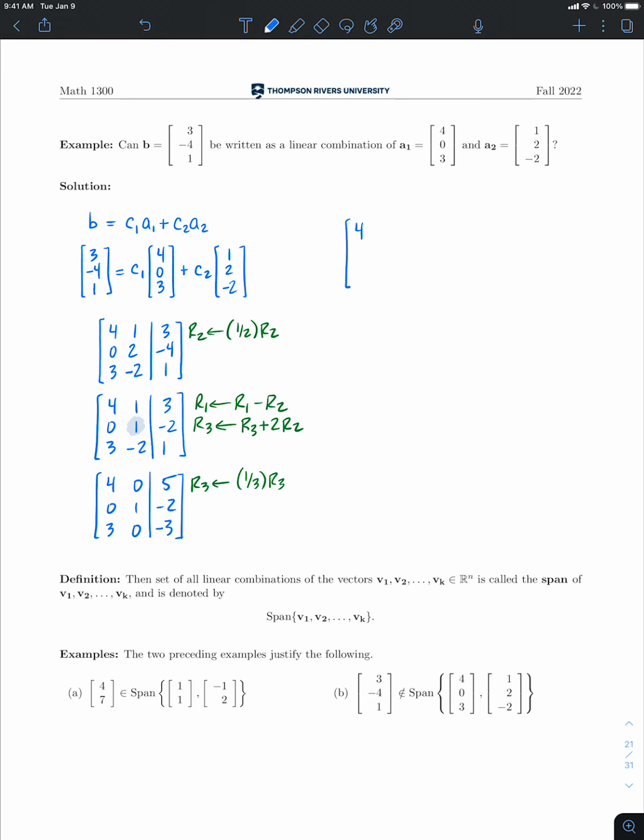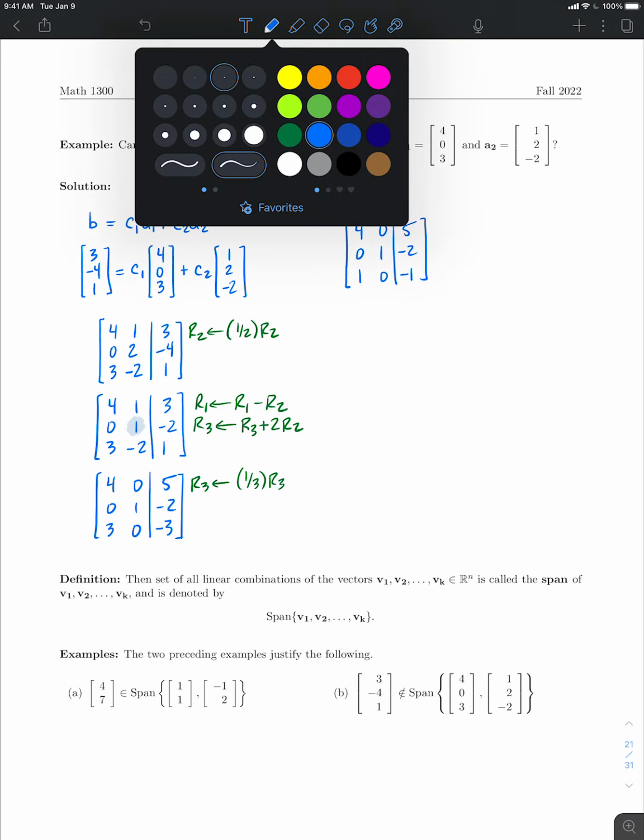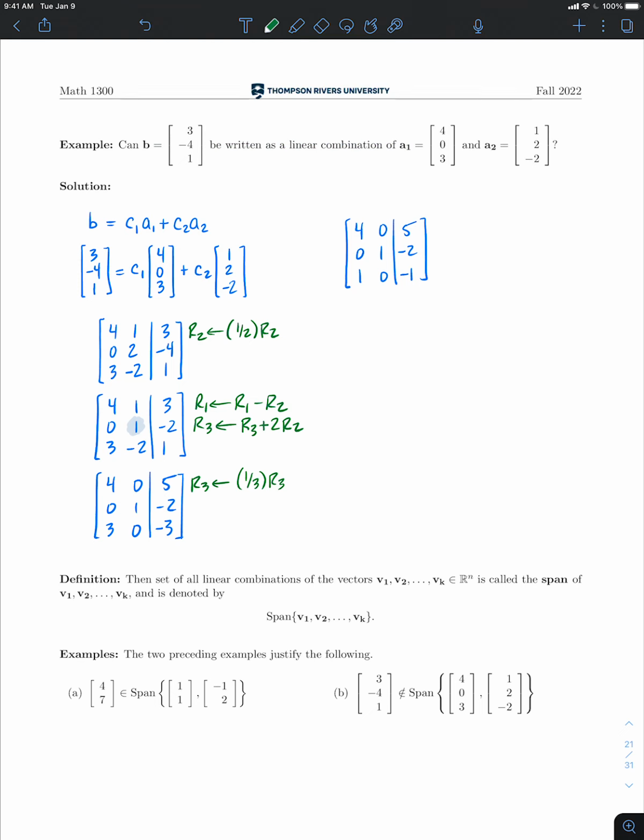This will give me 4, 0, 5, 0, 1, -2, 1, 0, -1. I'm not following the Gauss-Jordan elimination method exactly because that would introduce fractions, so I'm trying to avoid fractions.